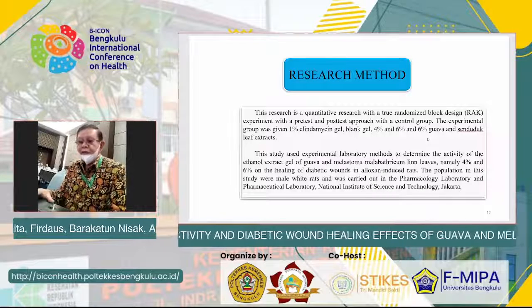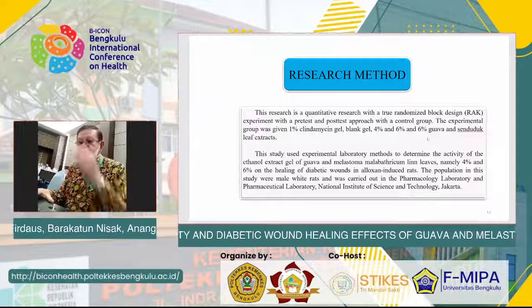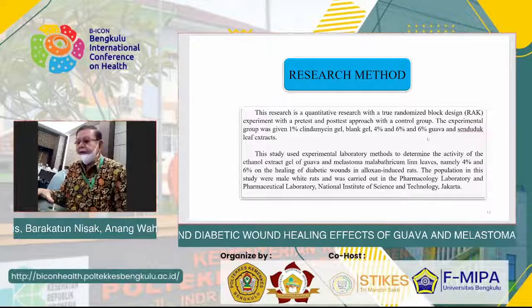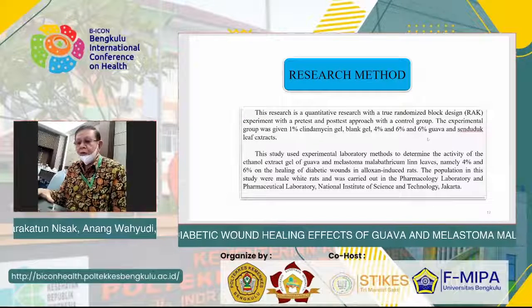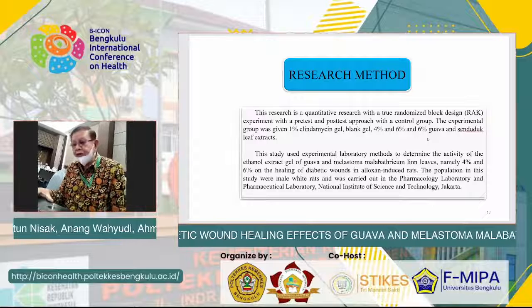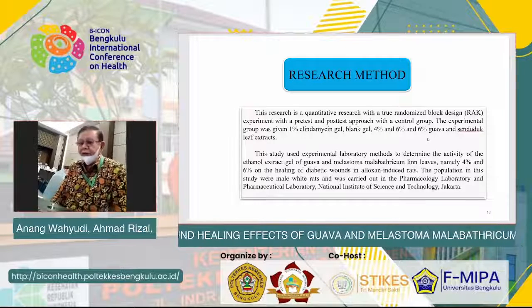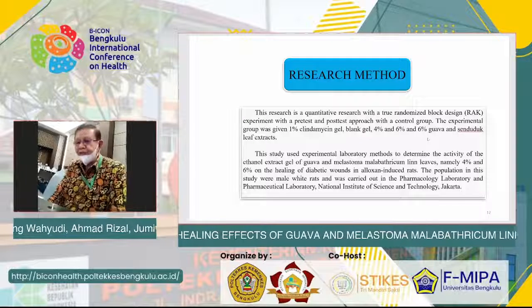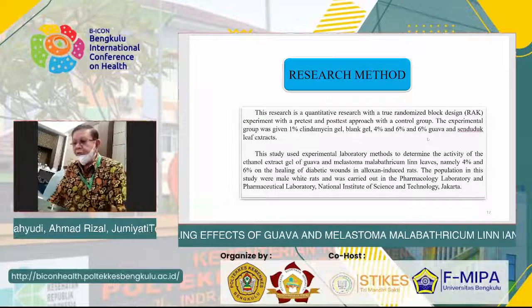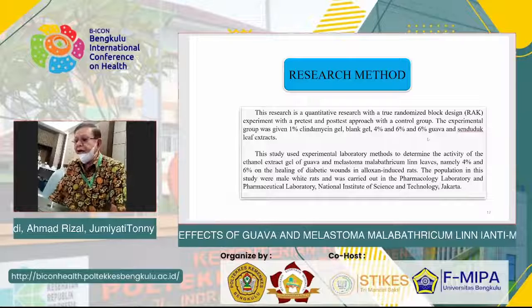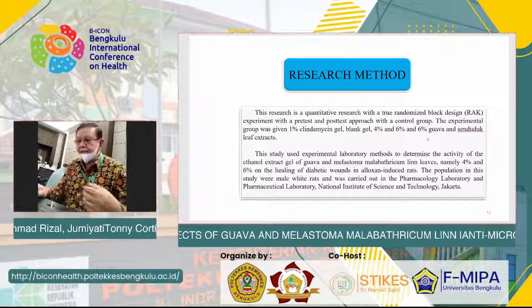This is quantitative research with a randomized block design experiment with a pre-test and post-test approach with a control group. The experimental groups were given 1% clindamycin gel, blank gel, and 4% and 6% guava and serduduk leaf extract.